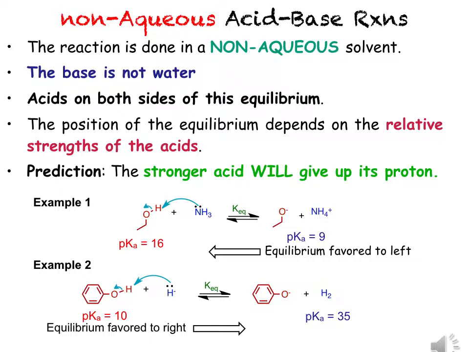By the way, note that phenol, in one of the earlier sections, we talked about it being a much stronger acid than regular alcohols. You should know that regular alcohols like the ethanol in the first example, pKa is around 16. This pKa is around 10, and you should recognize that it is much more acidic because the conjugate base is stabilized by factors that you should be able to identify.